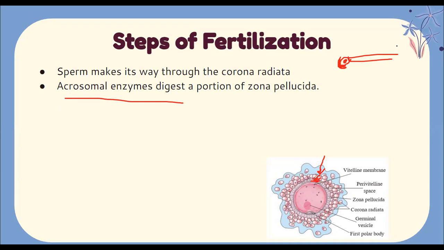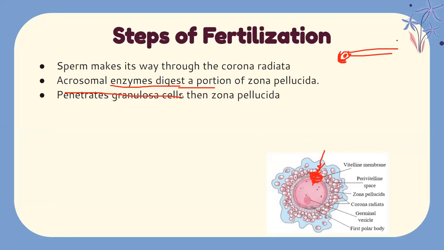To clear this zona pellucida layer, because now it has to make way and go inside the egg. It will release this enzyme, and a certain part of the zona pellucida will be digested to clear the way. Then that region will be free, and the sperm can move inside.